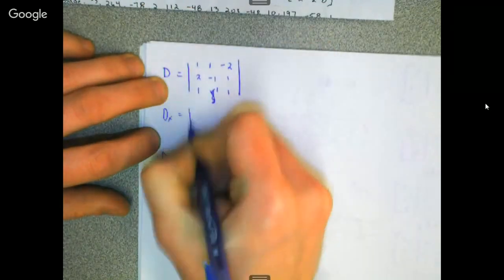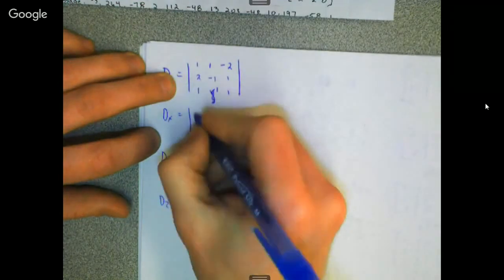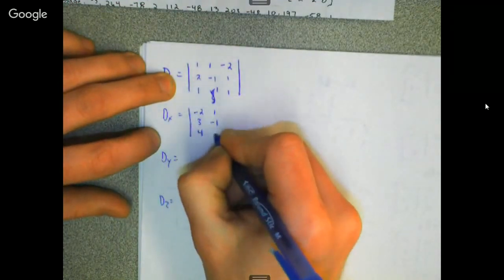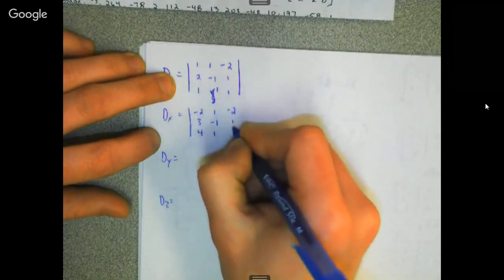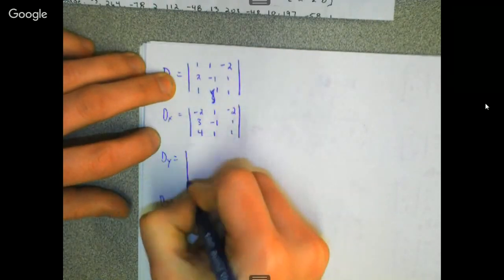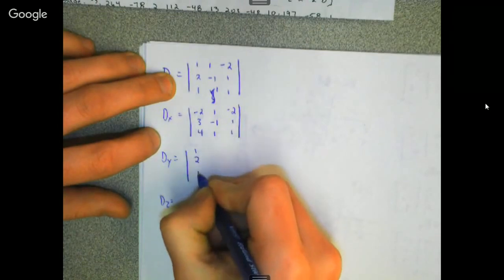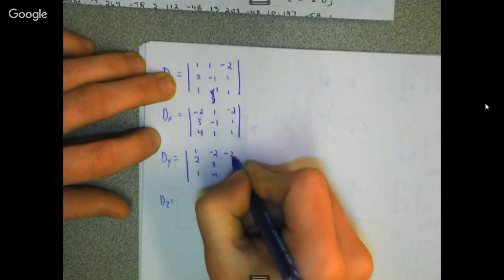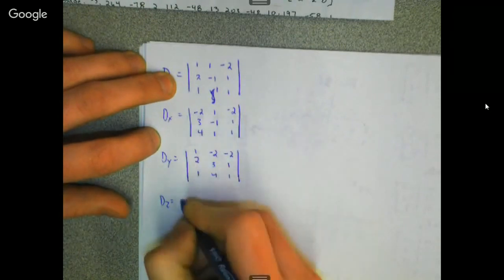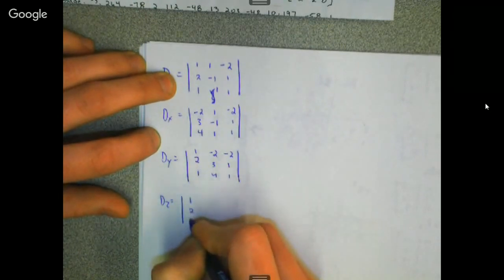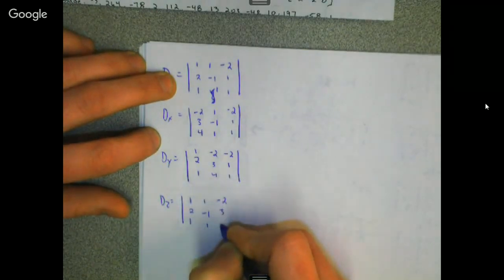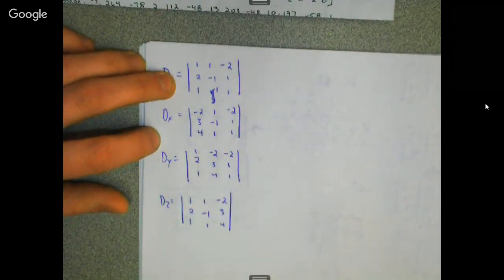And then to get dx, instead of the x column, we're going to write our solutions and then keep the other 2 columns the same. And then dy, same concept. Write the solutions in the y column, keeping x and z the same. And z column will be your solutions, and x and y will be the same.